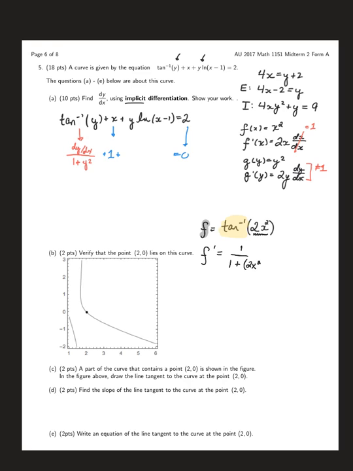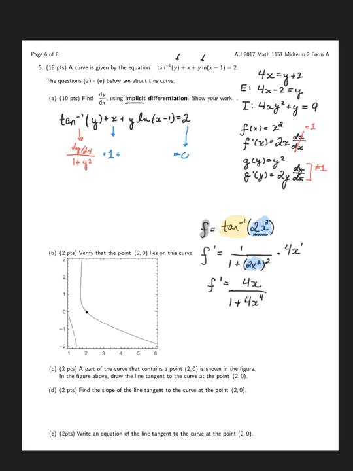So 2x squared, squared. Whatever this angle is goes in the denominator. Now in the numerator, we must multiply by the derivative of that angle. Our angle was 2x squared. The derivative of that angle is 4x to the first power. So that gives us f prime is equal to 4x over 1 plus 4x to the fourth.